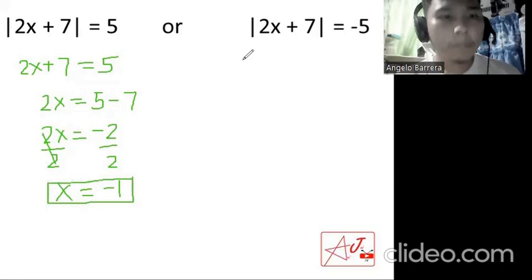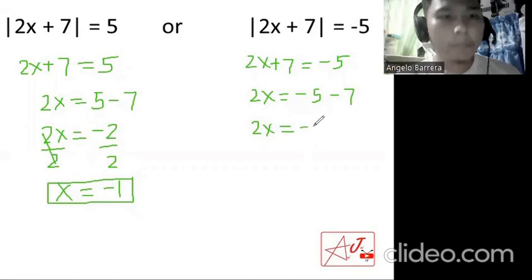Next, dito tayo sa opposite side. So, same pa rin, 2x plus 7. But instead of 5, it will become negative 5. Okay. So, now, iwan ulit natin si 2x. So, 2x is equal to negative 5. Ang opposite ni positive 7 ay negative 7. Okay. So, 2x will be equal to, so since same sign sila, i-add natin and then copy the sign.